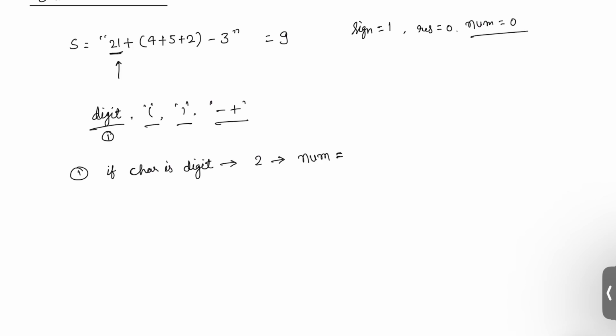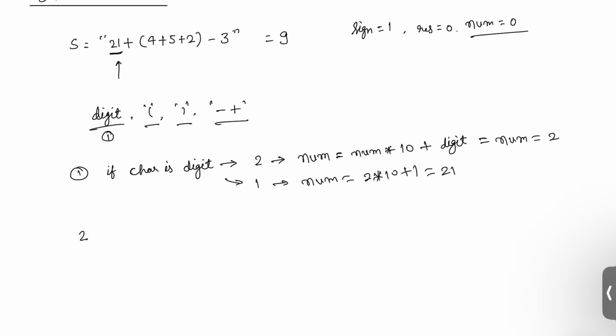It will be stored in this format: num into 10 plus this digit. We convert the digit to integer, then add. So first num will be 0 into 10 plus 2, which is 2. Then again a digit comes, 1, so num will be 2 into 10 plus 1, 21. So your number will be stored. If any digit comes, we approach it like this and calculate the number value.